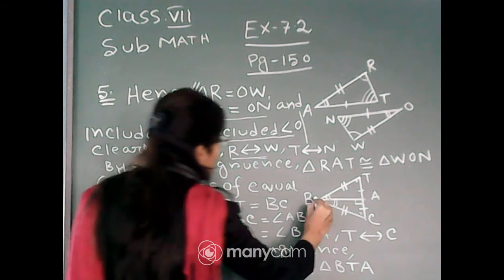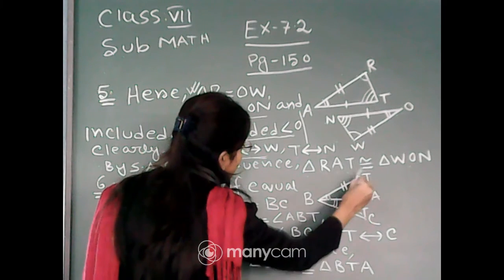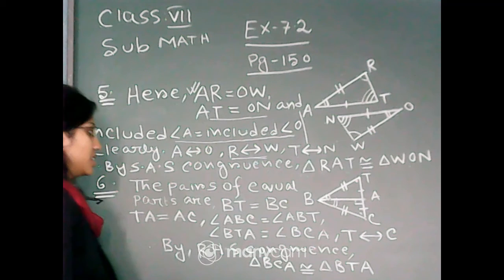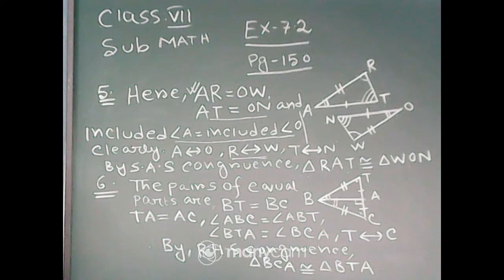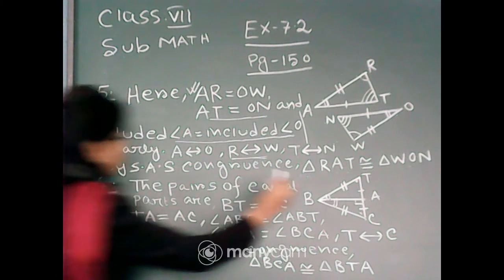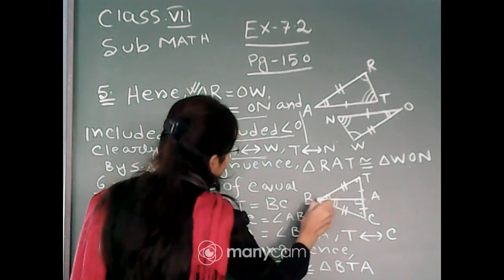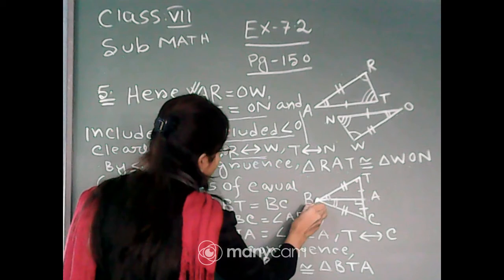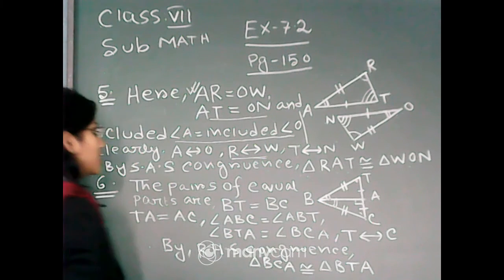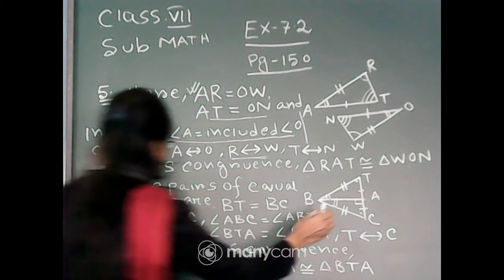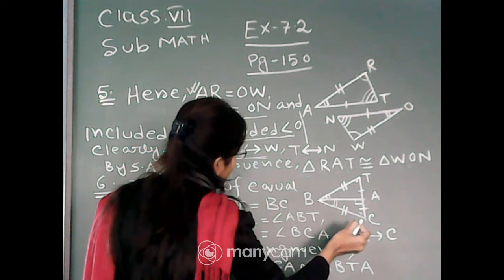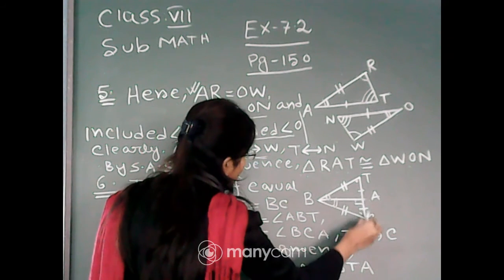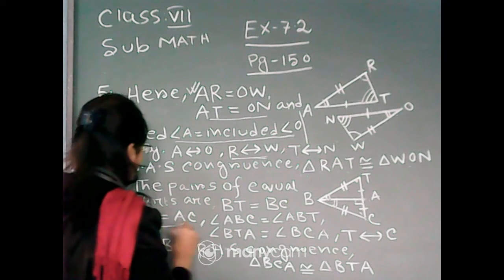Angle BAT is equal to angle BAC is equal to 90 degrees, and the pairs of equal parts are: hypotenuse BT of the triangle ABT is equal to hypotenuse BC of the triangle ABC, and it is given. Also, side TA is equal to AC, and it is also given.